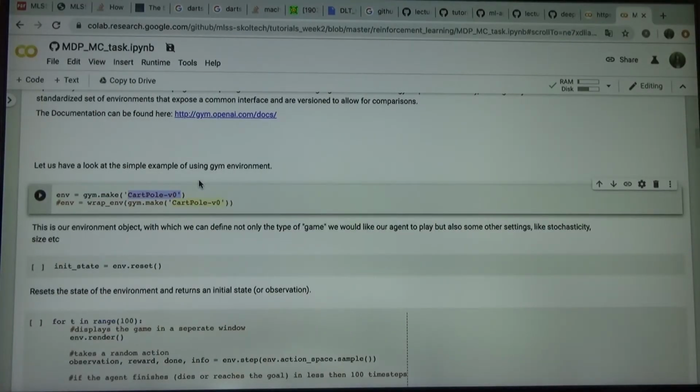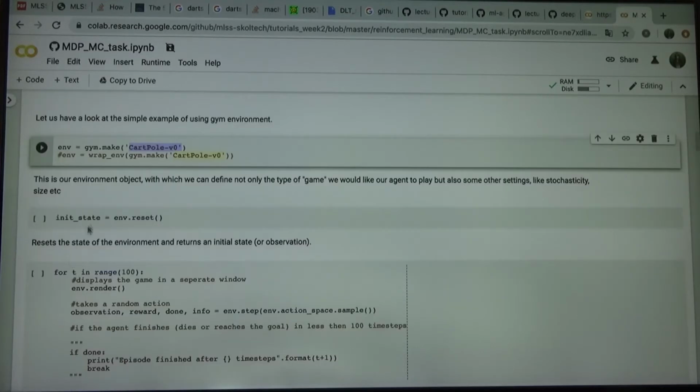So here it's CartPole. Unfortunately, in Colab we won't see it. I didn't figure out how, it didn't work. But if you clone the repository and do it locally, it will work and you will see the pop-up window.